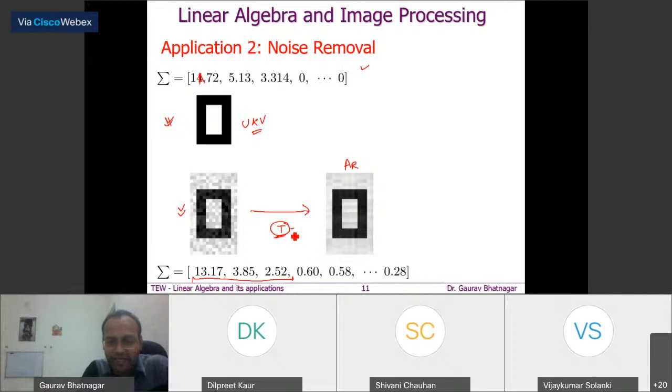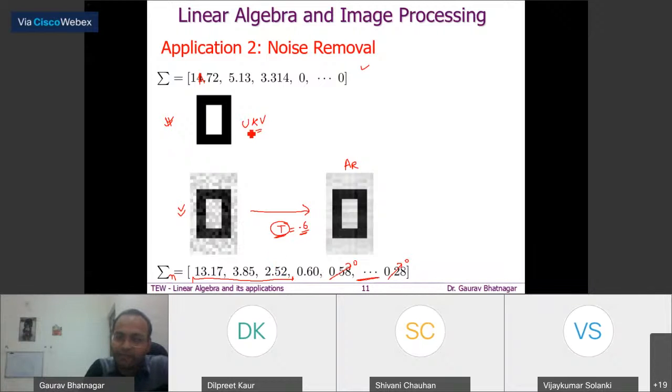So let's say if I take that T is equal to 0.6, then all the values which are going to be lesser than 0.6, I am going to replace by 0. So this will go to 0, and this will go to 0, and all the intermediate values are going to be 0. So now my new sigma is going to be this particular vector. So using this vector, I can always construct a diagonal matrix. This is going to give me the matrix for the similar values.